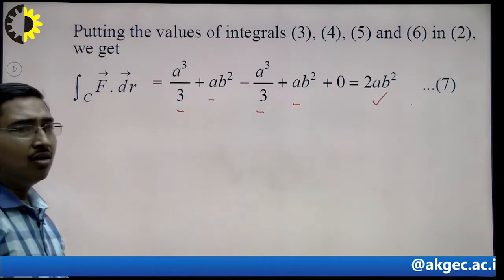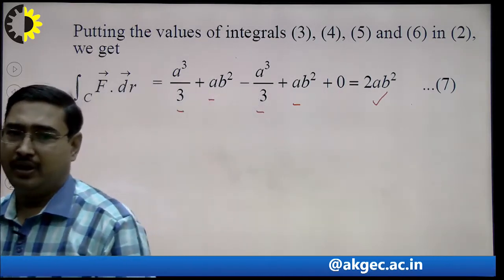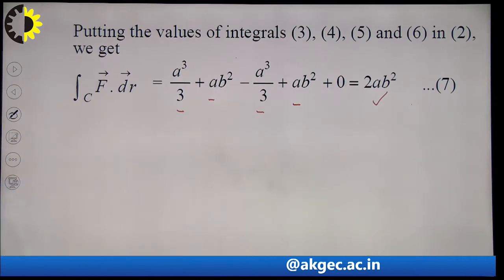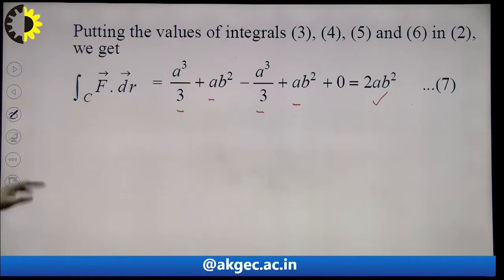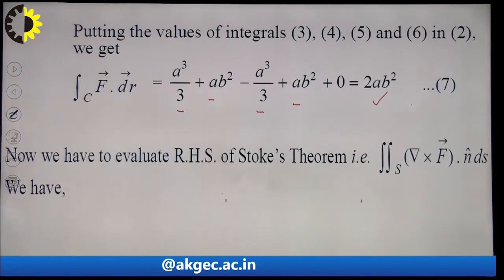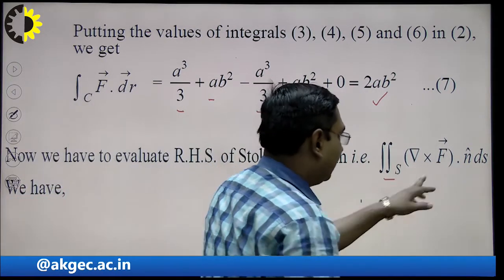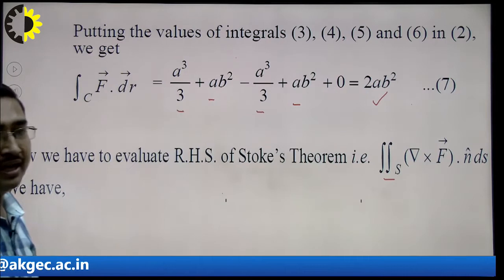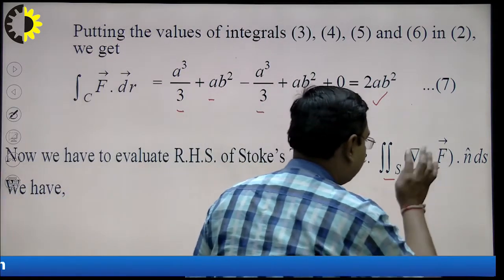The integral on the left hand side, the integral over C of f dot dr, is calculated. Now, to verify Stokes theorem, we need to calculate the other side, that is the integral of (del cross f) dot n cap ds. And therefore, we shall now evaluate this surface integral. For this, f is given.